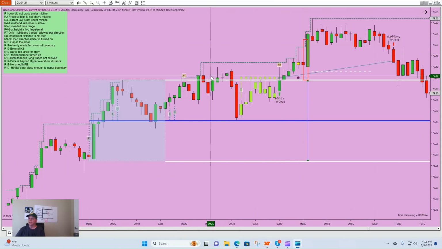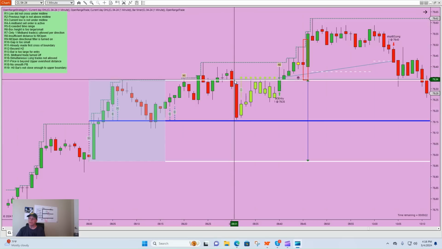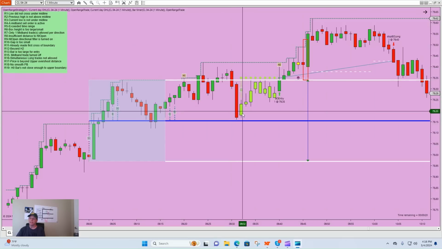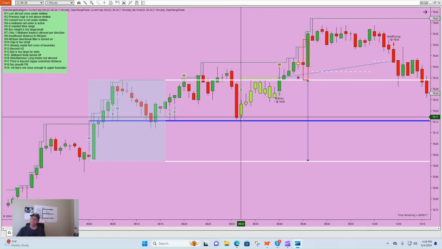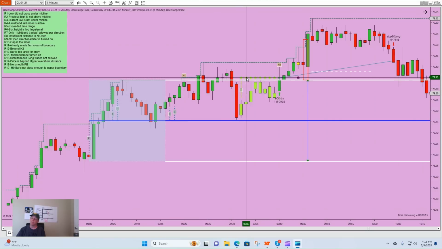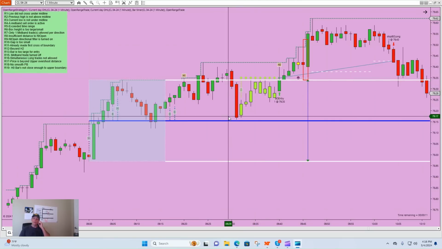Okay. So then it massaged itself and rolled back down, almost went to the midband, and then created the space right here that I'm looking for. And now I'm looking for that break again.